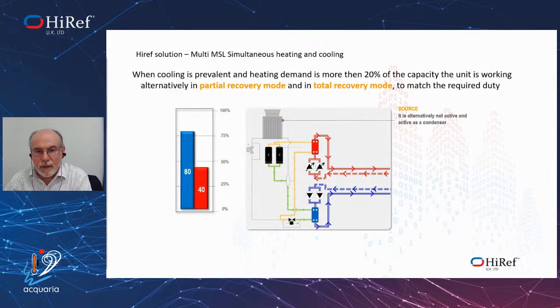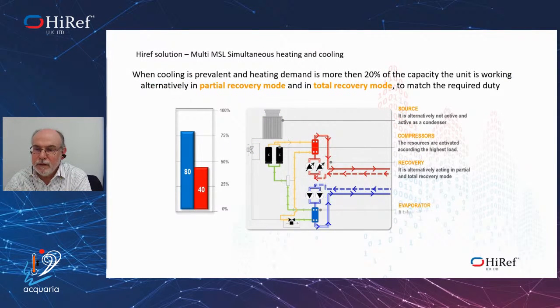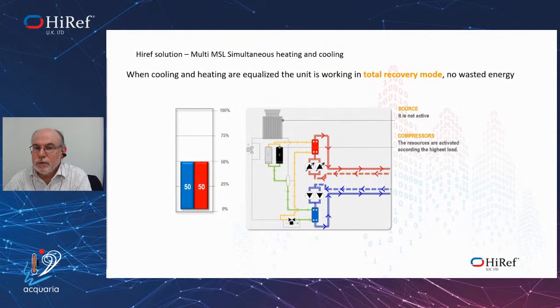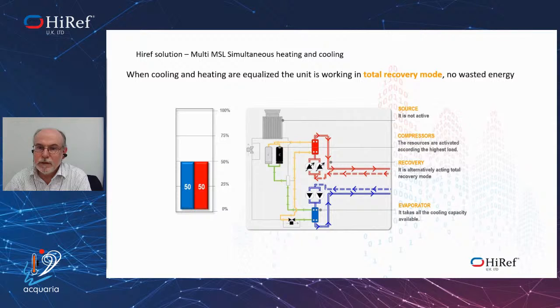Now, as you are increasing the heating and reducing the cooling, it starts to become balanced. And although you're then looking at your rejection still through atmosphere, you're reducing the amount that you're rejecting. And so it's a variable area until you get to a 50-50 and there's no rejection through the heat pump to atmosphere.